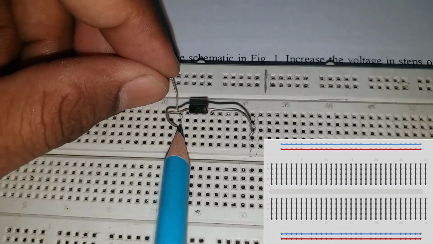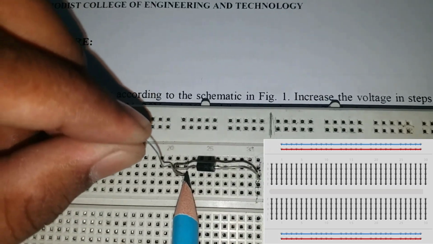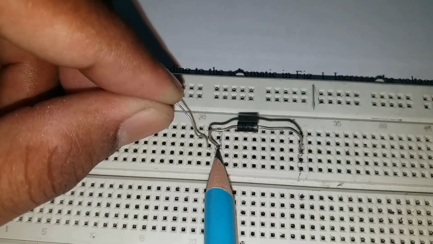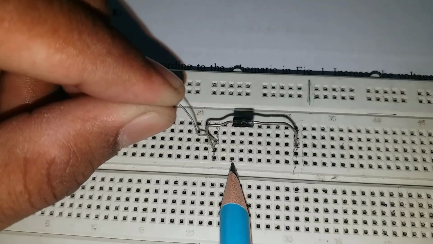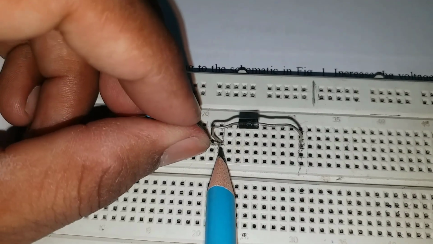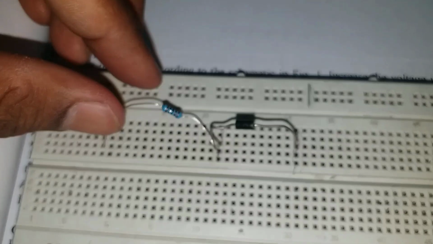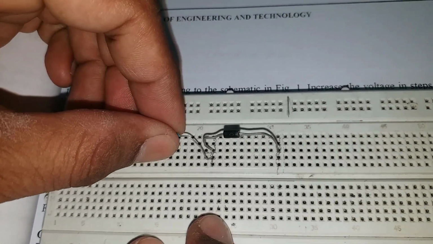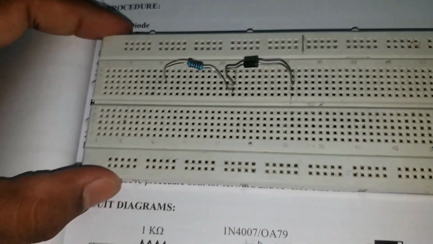Observe here, same vertical line. If you place it beside the diode, there is no contact. Only in the same vertical line you need to place it, because you have the connection here. Then the other terminal of the resistor you can place somewhere else. So this part is completed up to this part.